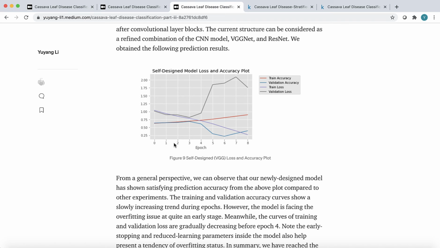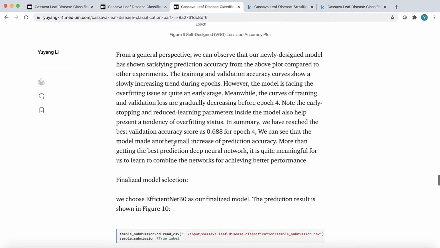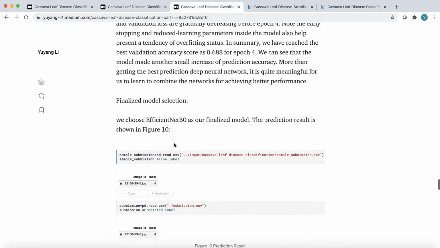Although the model is not the best compared to others, it still shows a great improvement, about 11.8% growth from the baseline accuracy.